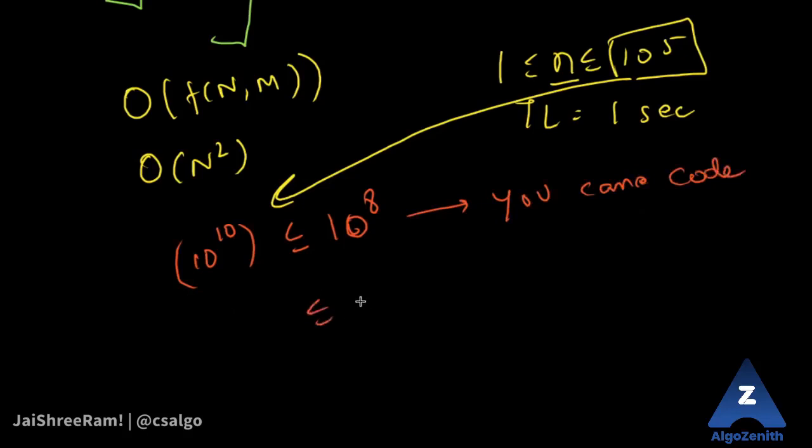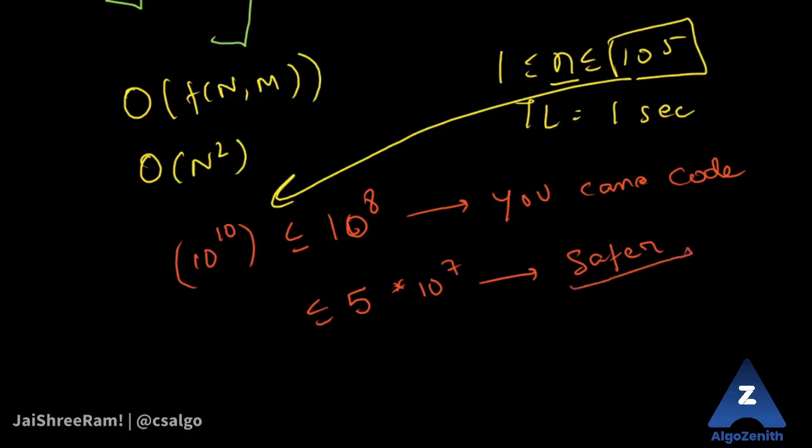Just to be safe, if it is less than or equal to 10 to the power 7, you are even safer. If your complexity is less than or equal to this, it will certainly pass in most cases. And even sometimes things up to 10 to the power 8 pass. So even if you have a complexity of order 10 to the power 8, it might pass. Up to 10 to the power 7 passes for sure. Make sure that this passes.